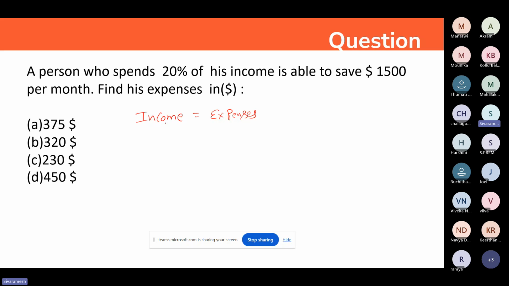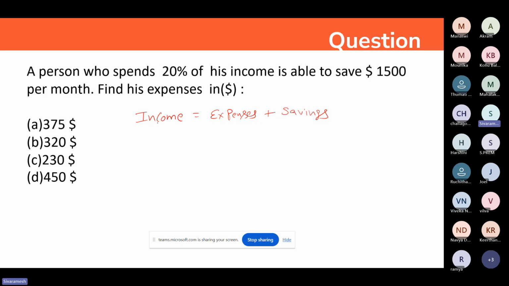Income means sampadana, and expenses means kharchulu. From the income we got, if you spend some amount, let's assume that your income is 10,000 and if you spend 6,000 rupees, now the remaining 4,000 left out, we call those savings, correct? Income is equal to expenses plus savings.